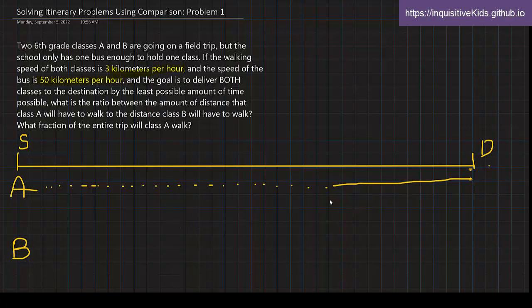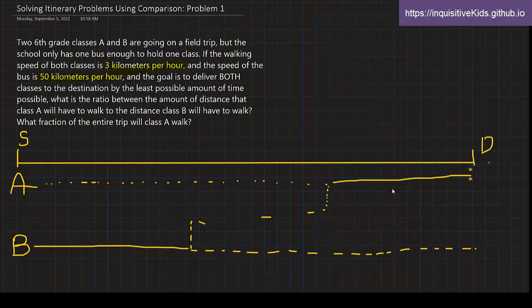And for this entire time, B, since this is the distance that A walked, I'm going to try to make a segment about as long as that, because they're walking the same amount. We already discussed that. Now here is the bus making its way back to B first, and then going to their destination with class B. And so this is our first step.